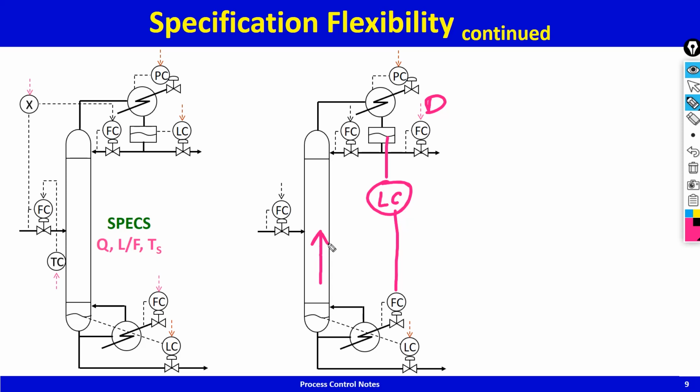As the vapor boil up increases, the tray temperatures start to rise, and then I have a tray temperature controller that will increase the feed, because the temperatures are going up, it will increase the feed.